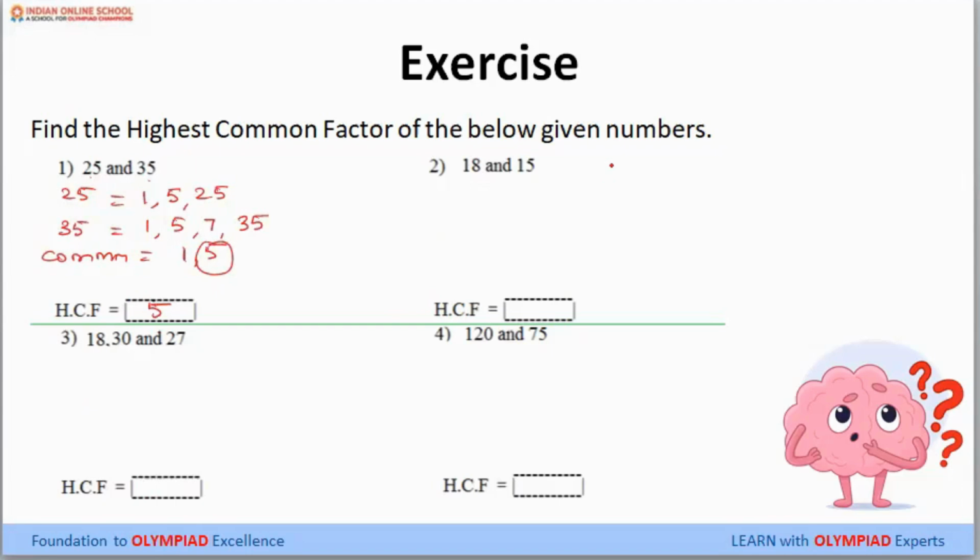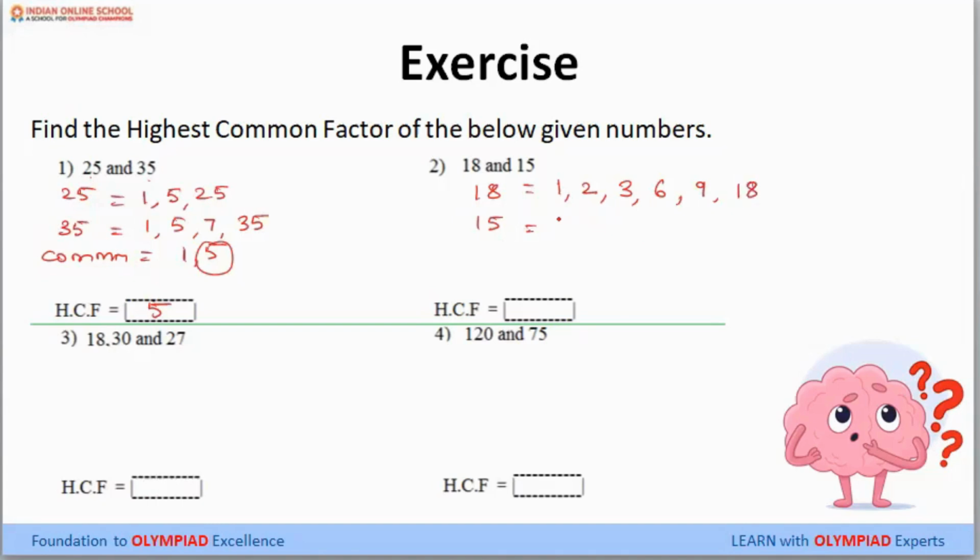Now just tell me about 18 and 15. Bhargav, tell me the factors of 18. 1, 2, 3, 6, 9, and then 18 itself.